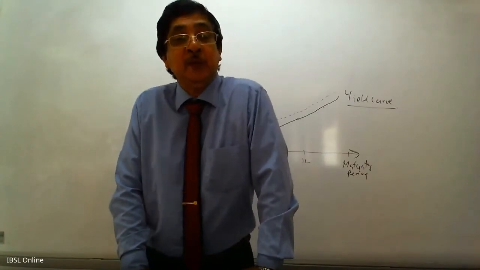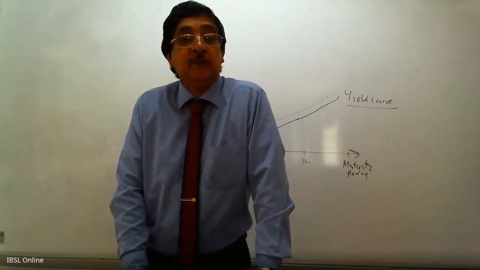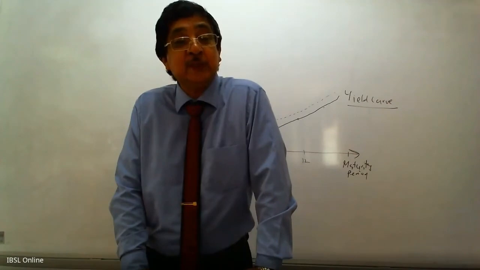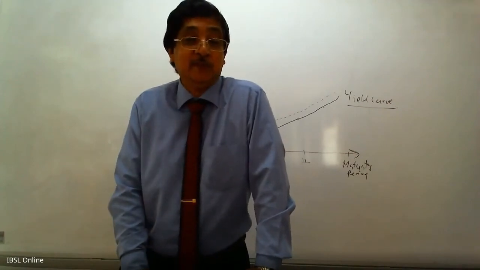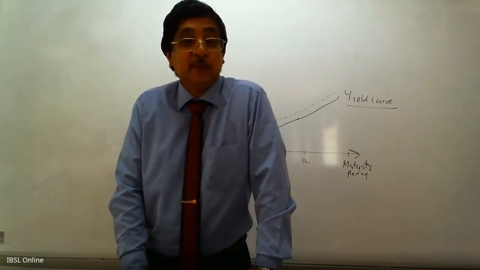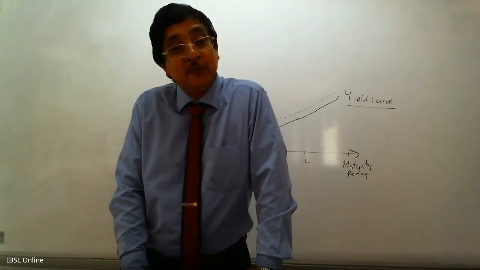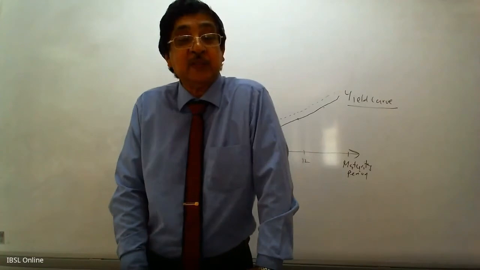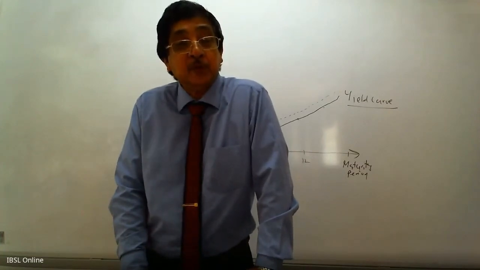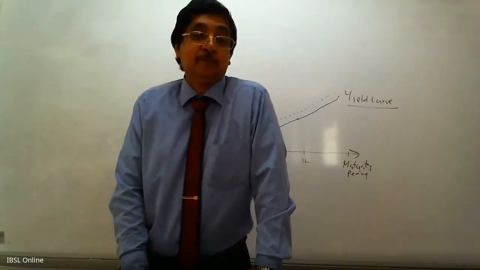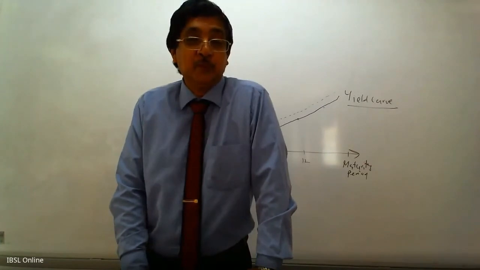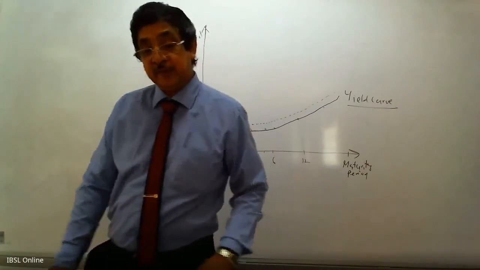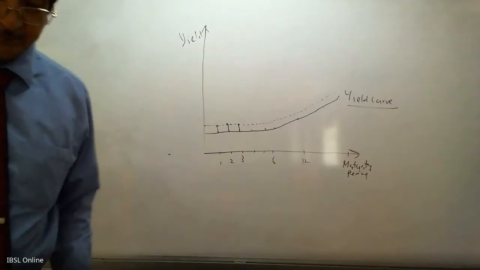If you manually do that and find whether the portfolio is immunized, we call such portfolios immunized portfolios, and that particular function or activity is called portfolio immunization. Any questions? You can ask any question on that.